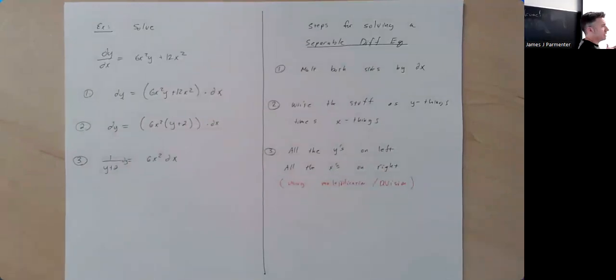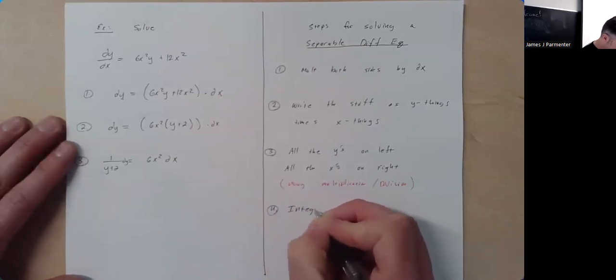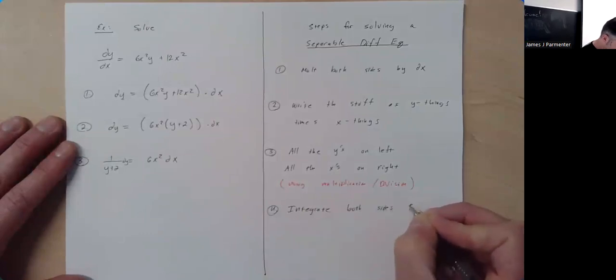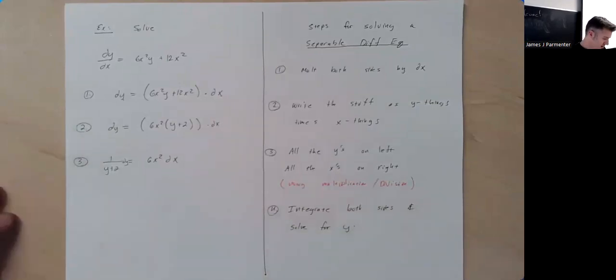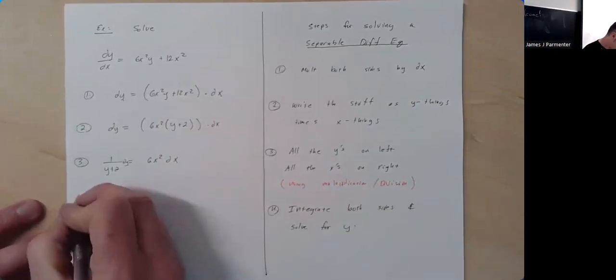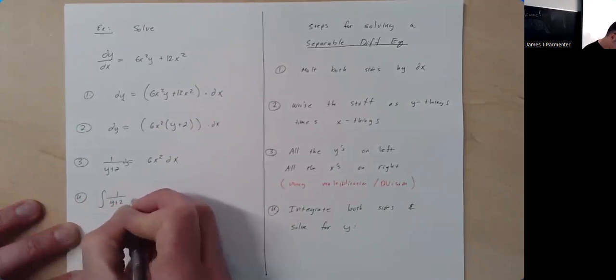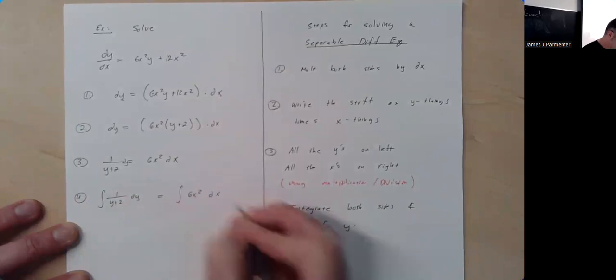So those are the steps for getting it to a place where it's separated, and the rest is integrate and solve, which is, I know, kind of a lot to say in one step, but we're going to integrate both sides and solve for y. So anti-differentiating both sides, the antiderivative of 1 over y plus 2 dy is equal to the antiderivative of 6x squared dx.